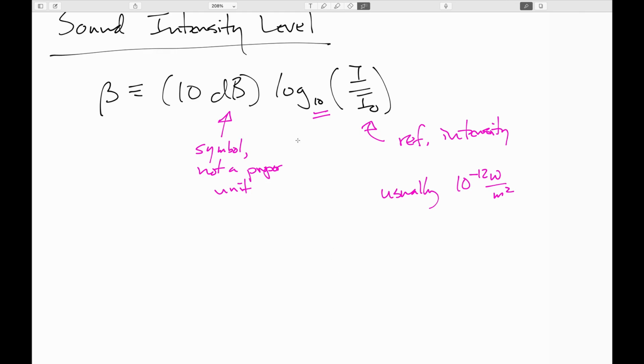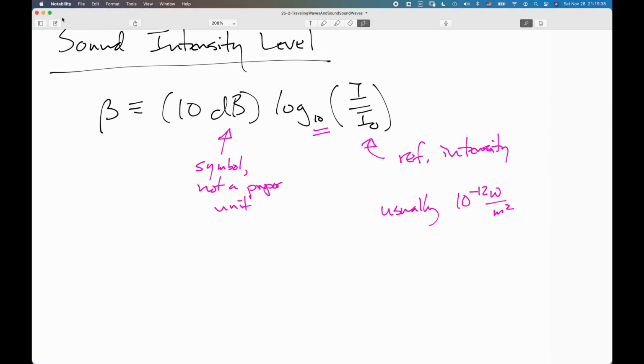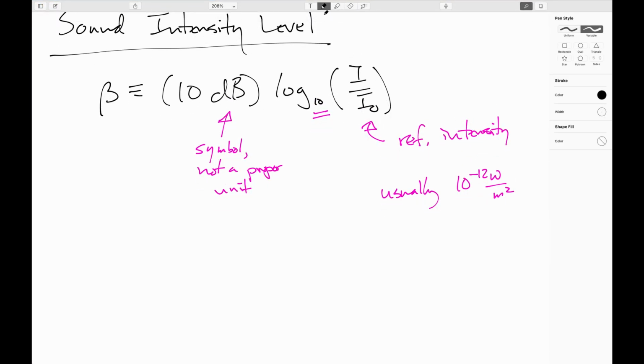Usually when people start to complain that their ears are hurting, the intensity of sound is around 10 watts per square meter.